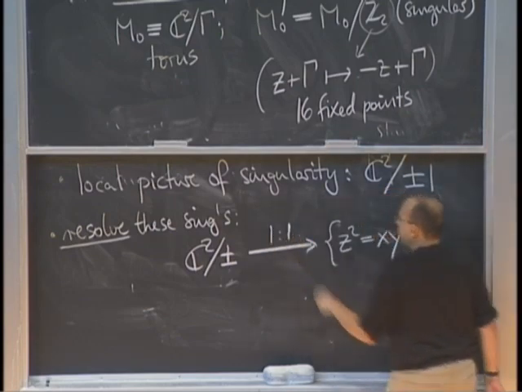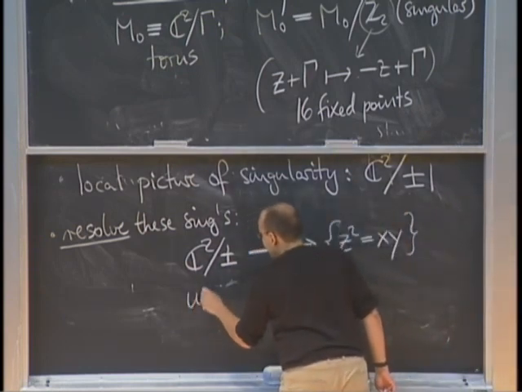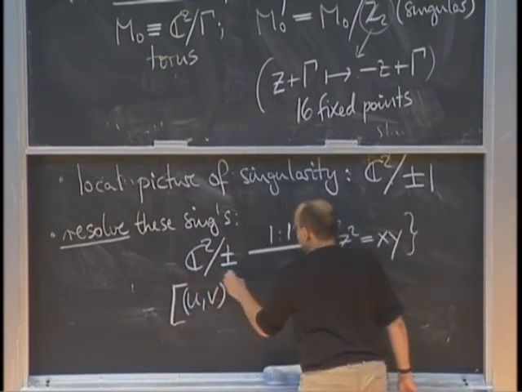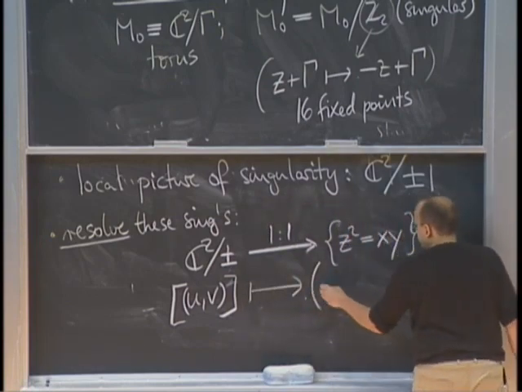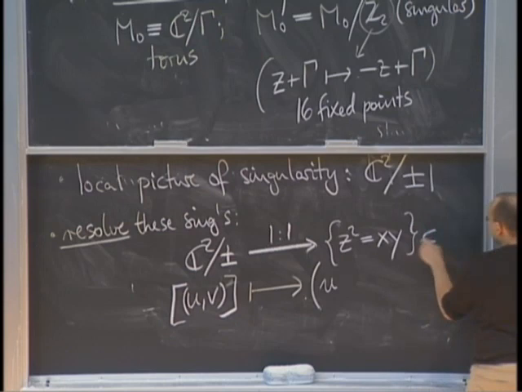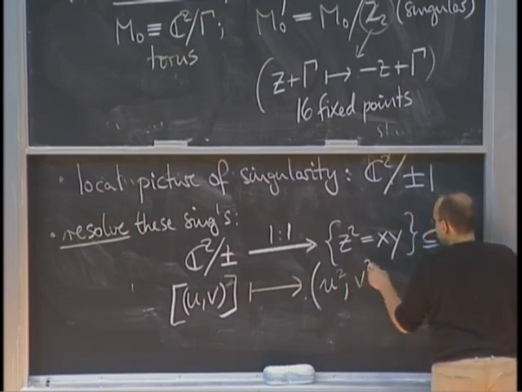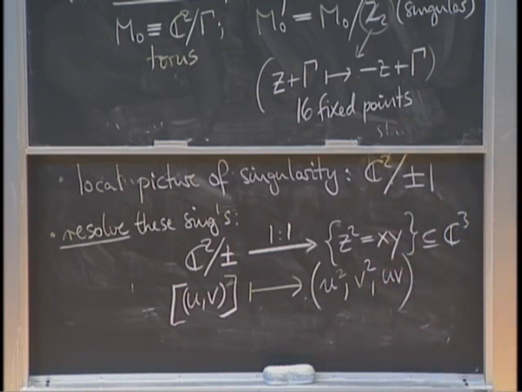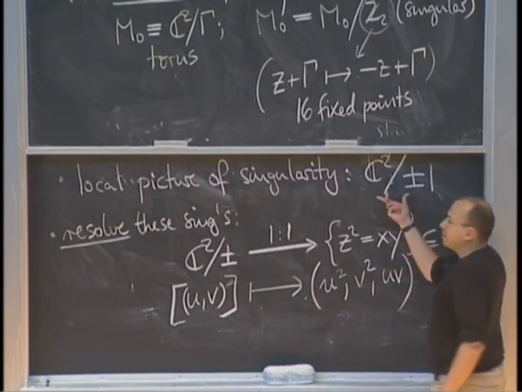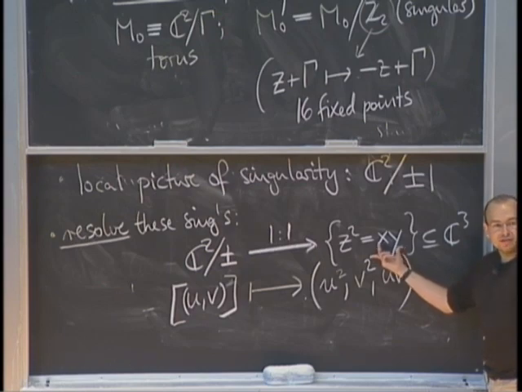A one-to-one holomorphic map. And what does the map do? It sends an equivalence class of vectors modulo plus and minus 1 to the triple in C3: u squared, v squared, and uv. So I've realized this singularity as a singularity of an affine surface in C3.